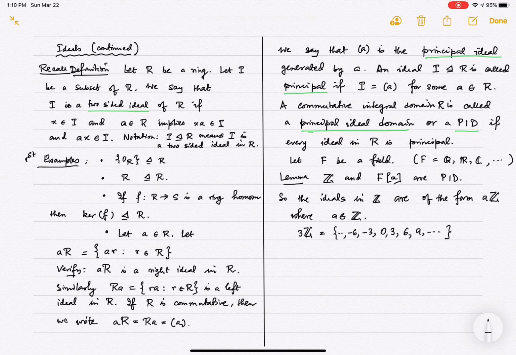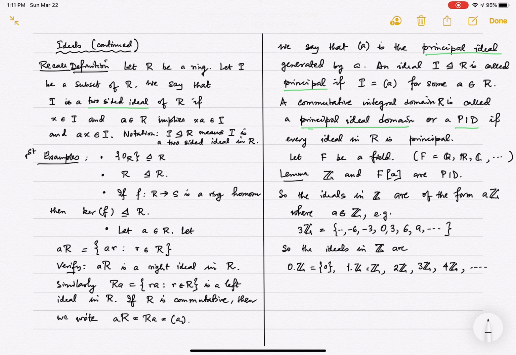And obviously the ideal generated by minus 3 would also be the same thing, because all multiples of minus 3 is the same as all multiples of 3. So the ideals in Z are 0 times Z, which is just 0, 1 times Z, which is just Z, and then 2 times Z, which means all the even numbers, 3 times Z, all multiples of 3, 4 times Z, all multiples of 4, and so on. These are all.